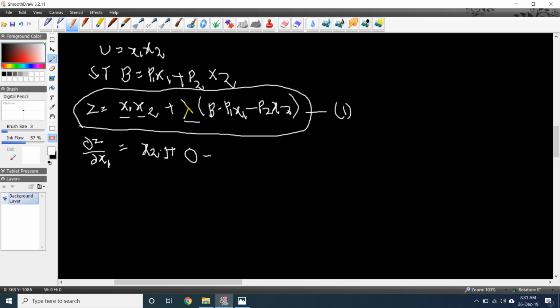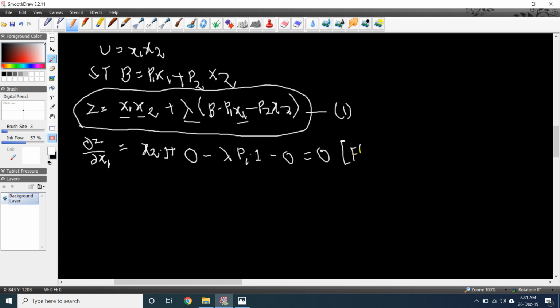Similarly, lambda times p1 x1 gives lambda times p1 times 1, and for the last term it will be 0 since there is no x1. We set it equal to 0 because of the first order condition.